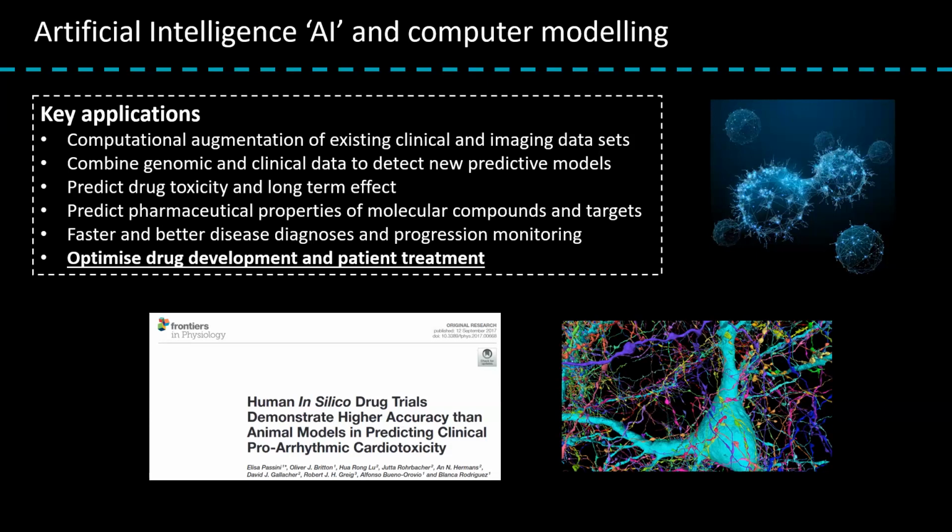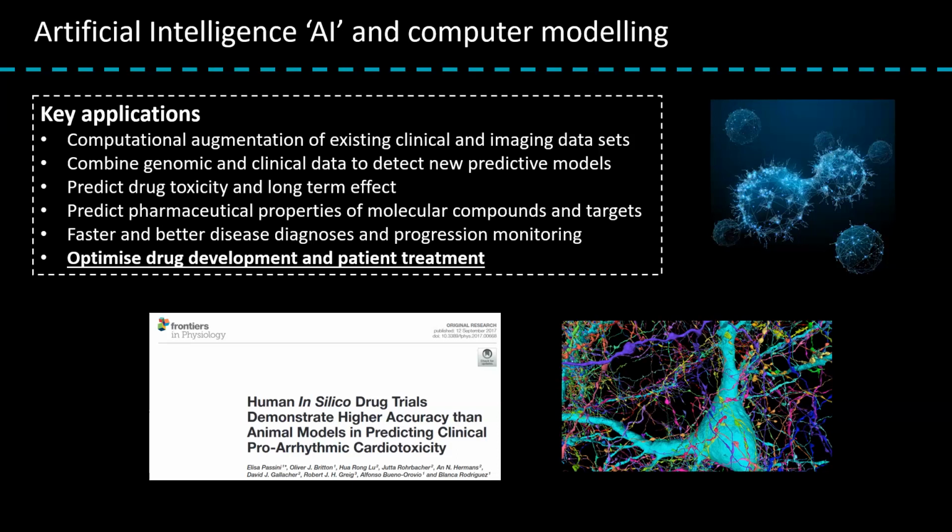For example, also, if the data that you provide to the computer is the structural information of a drug, it will be able to predict the pharmaceutical properties of these drugs. So how it will be incorporated into the body, will it be toxic or not to the body, and so on and so forth. And as I mentioned, I can give you an example of how artificial intelligence is really useful for disease diagnosis. It has been shown that artificial intelligence is really reliable to predict and diagnose melanoma.